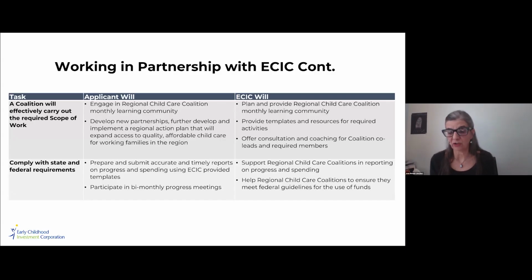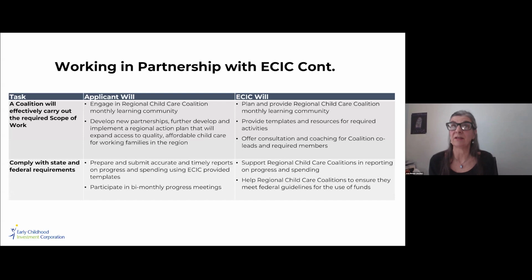Overall, we want to make sure that by following federal guidelines, and staying timely with reporting and progress, we are able to continue to make the case with the Michigan legislature of the importance of funding this initiative, not just for an initial 5 years, but this contract includes the opportunity for ECIC Child Care Innovation Fund to advocate for subsequent years of funding for up to 5 additional years.